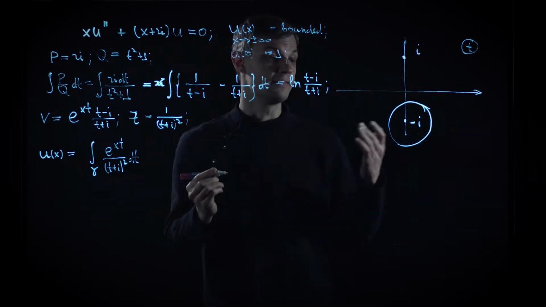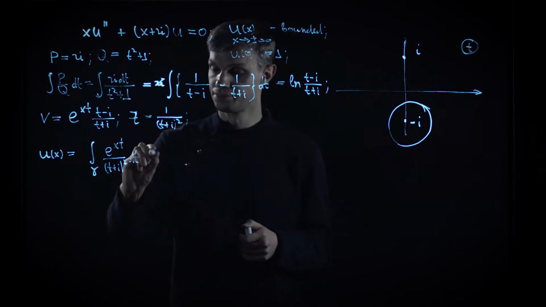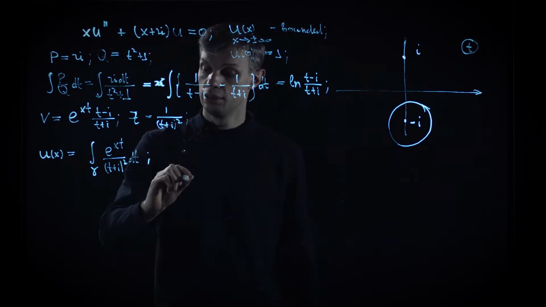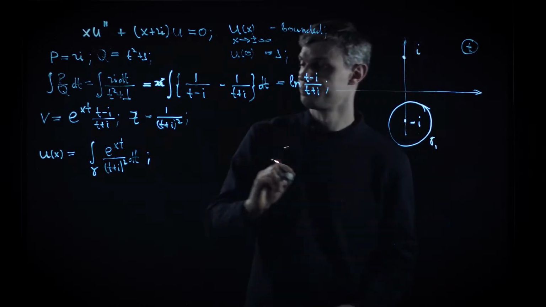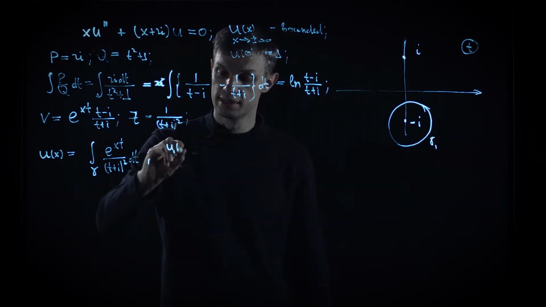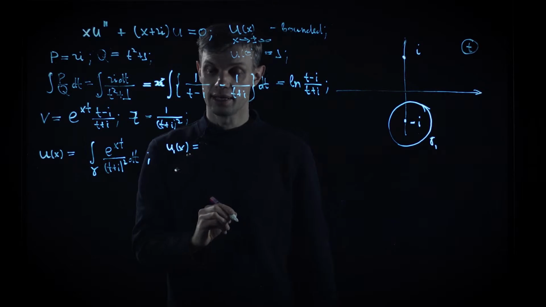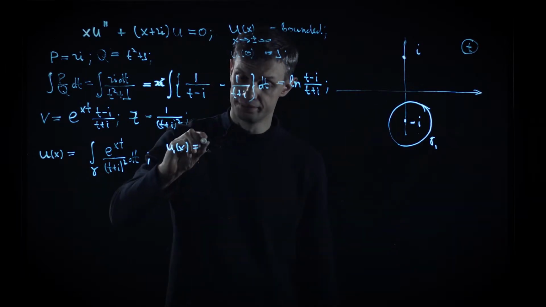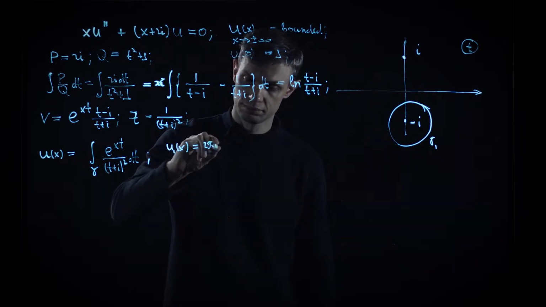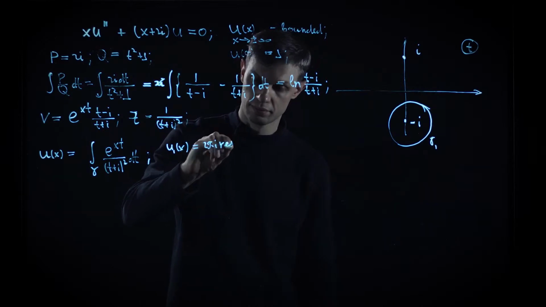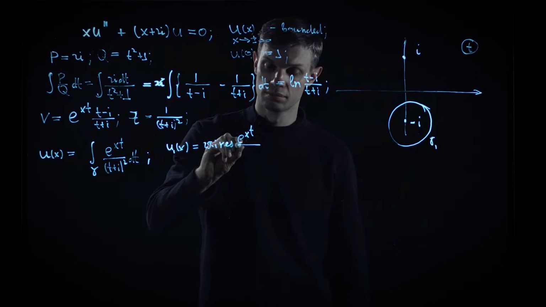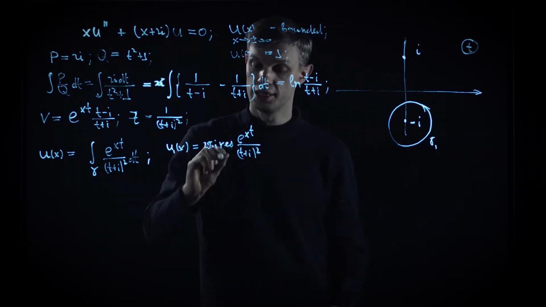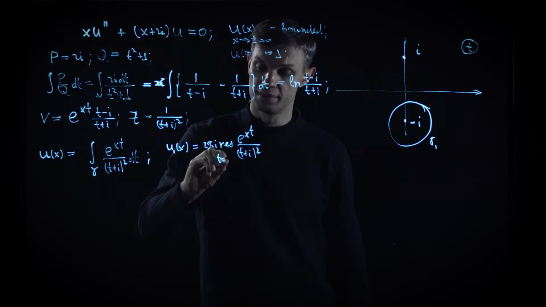And immediately we find the exact solution. Here we go. So let's call this contour gamma 1. And u1 of x is simply equal to the residue of the integrand at point t equals negative i.